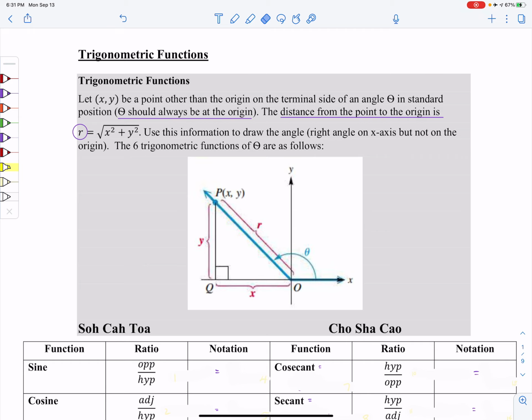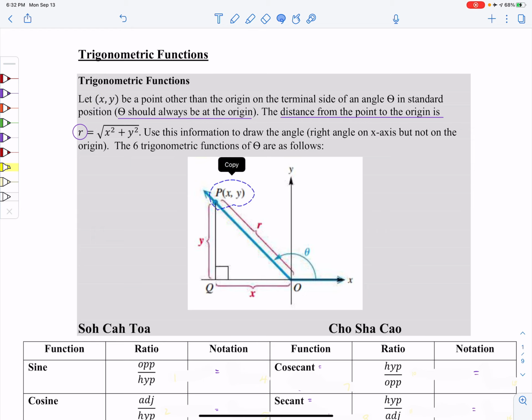There's a couple of things that I want to walk you through just simply with drawing a picture. When you draw a picture of your triangle, which we're going to be working with over and over and over again, a couple things. First of all, (x, y) is going to be some point on your axes. So it's not going to be at the origin.